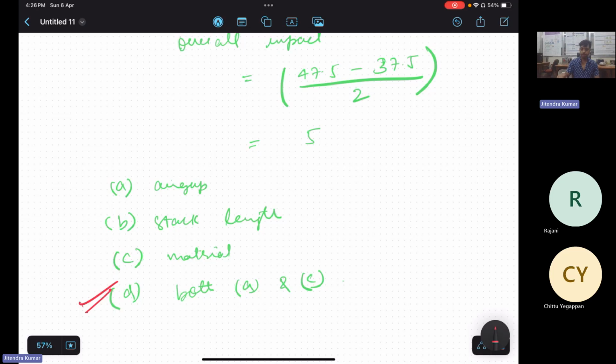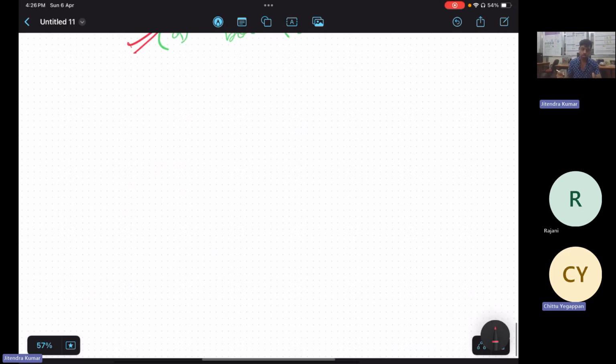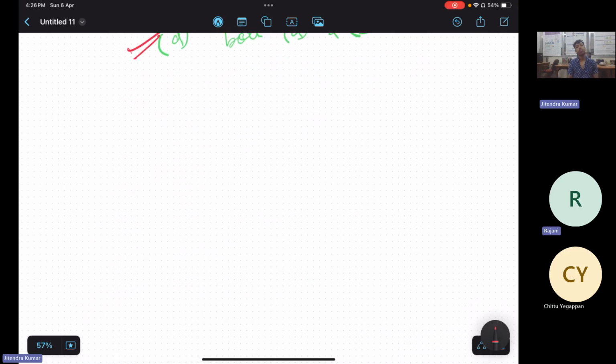Is there any range or limits, a maximum and a minimum? For material it is 5 Newton meter, and for air gap it was 7.5.